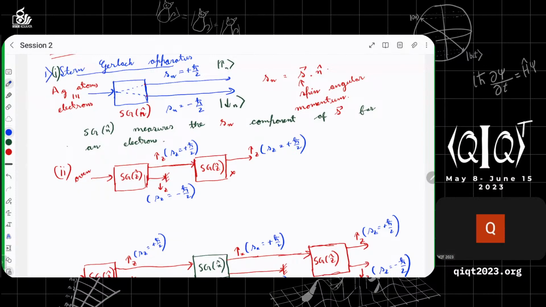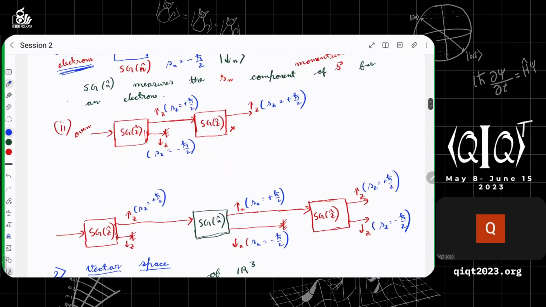So we can get exactly equivalent results if we use a beam of electrons instead of a beam of silver atoms. Since the spin of the electron is what is making the difference, from now on we will talk about the Stern-Gerlach apparatus in terms of electrons only, for the sake of simplicity, because the other degrees of freedom of the silver atoms are not really coming into play here.